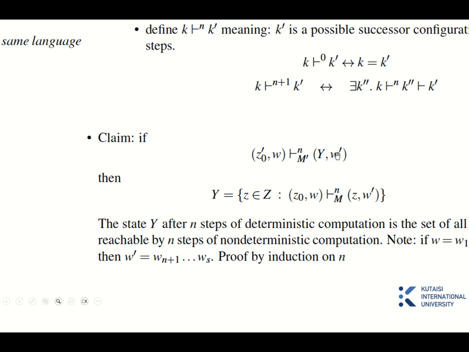I end up at Y, and I still have to read some tail of my word. But here is the claim. Y is just the name of different states, say Z1, Z2, Z3. Y exactly consists of those states that are reachable by the NFA from Z0.